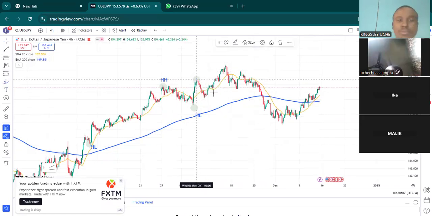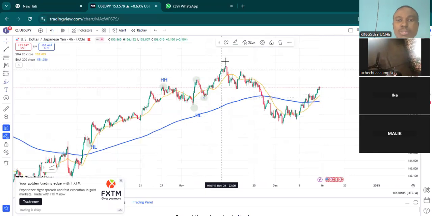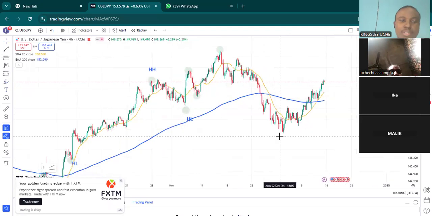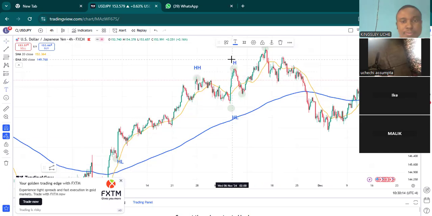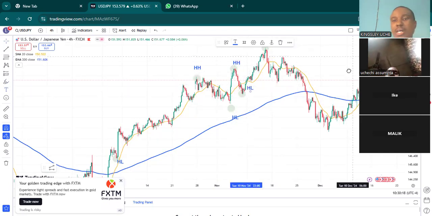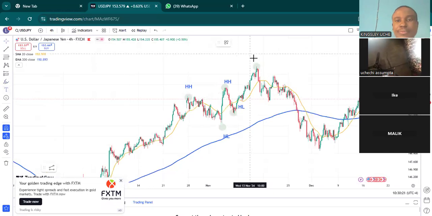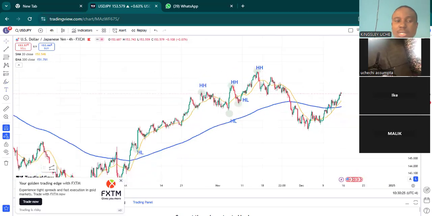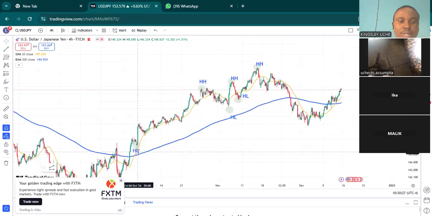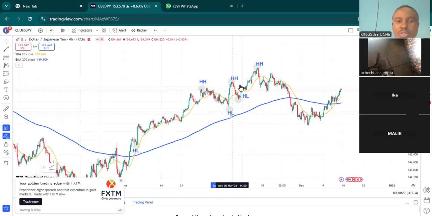Now let's see. Higher high, higher low, and higher high. Now, let me put it in so you can see clearly. This is higher low, higher high, higher low, higher high, higher low, and higher high.